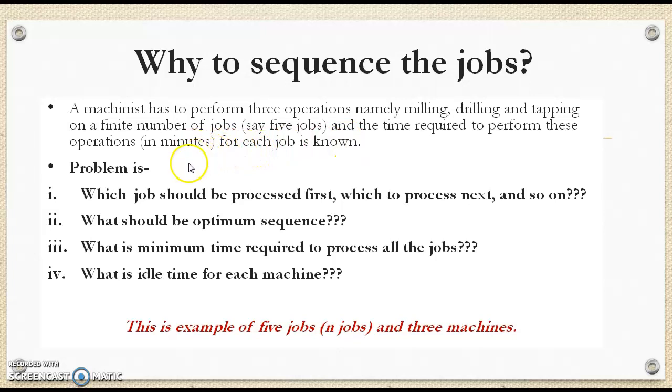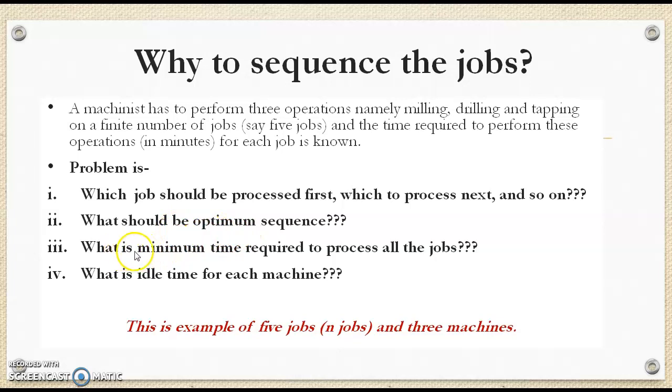Now our main problem is which job should be processed first, which job should be next, which one should be the last, and so on. The next question is what the optimum sequence should be so that the total processing time is minimum.